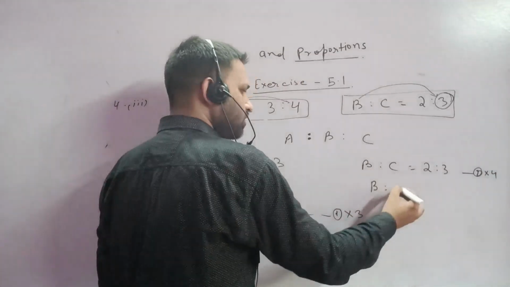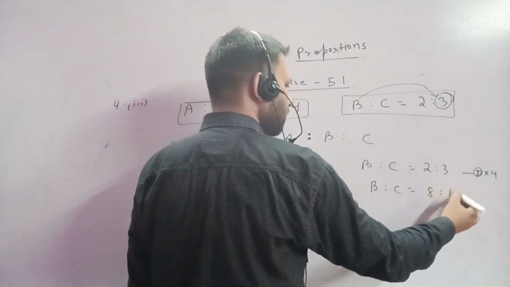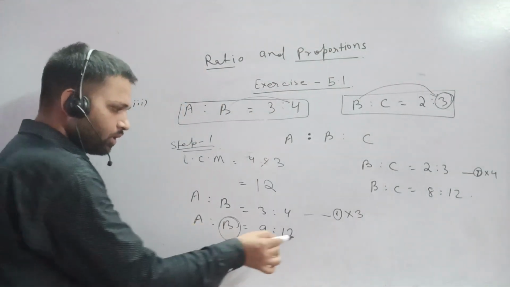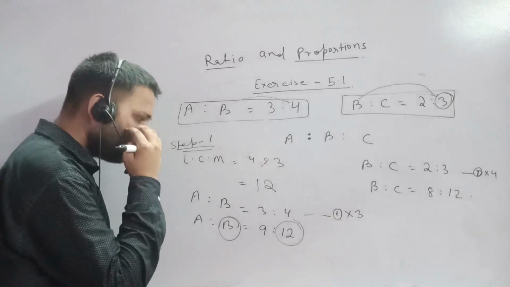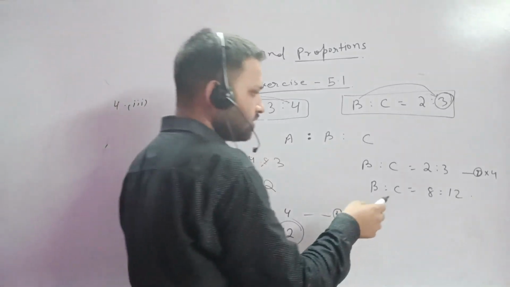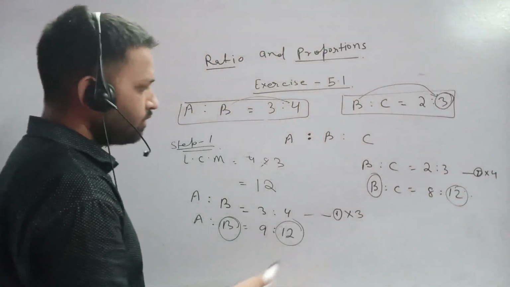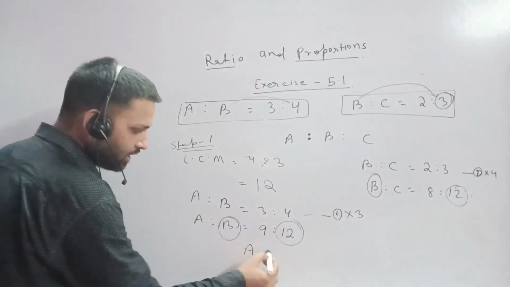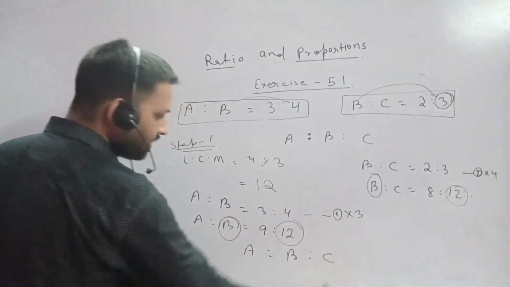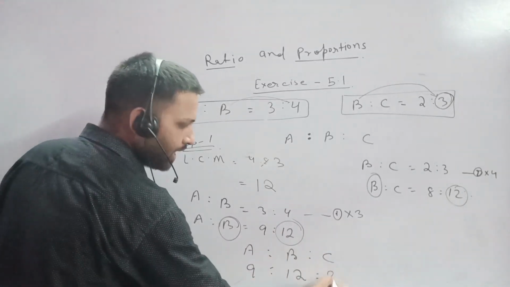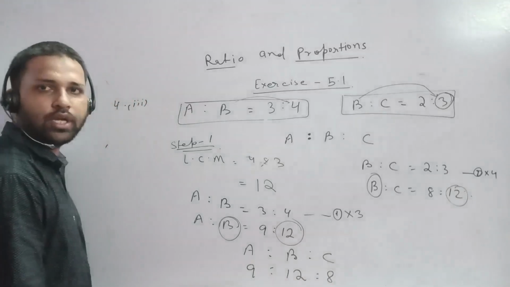Then b is to c is converted into 8 is to 12. Now the first ratio has the value of b equal to 12 and the second ratio has the value of b equal to 12. Now we compare directly: a is to b is to c is 9 is to 12 is to 8.